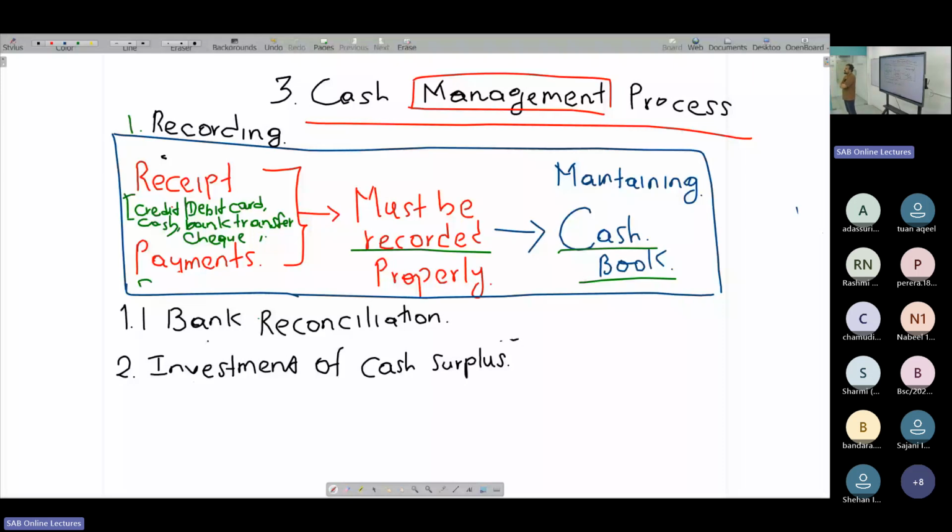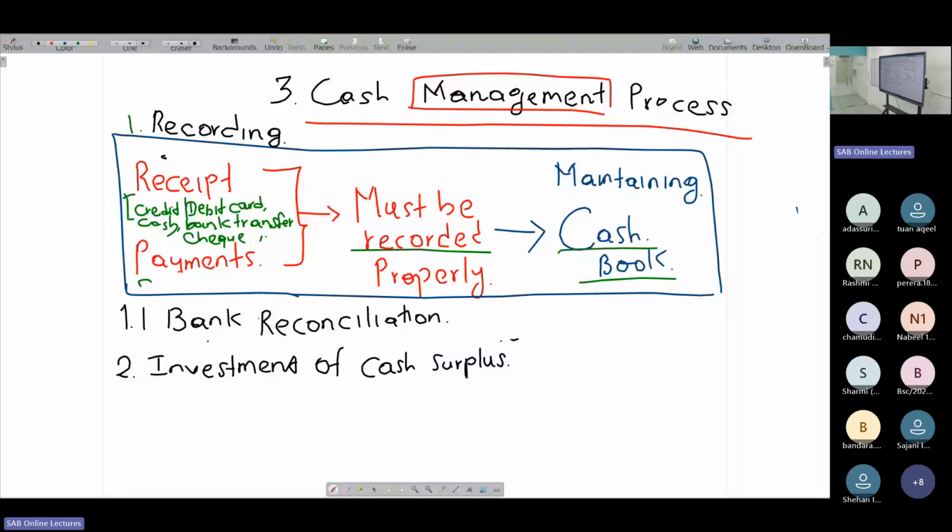Say you are doing a business and you have 1 million excess in your current account.